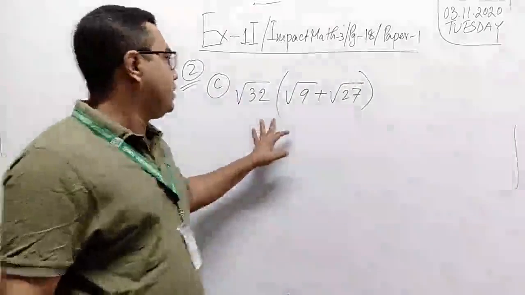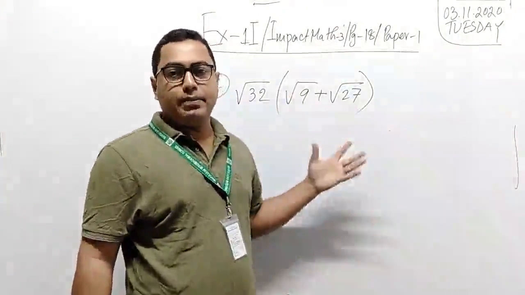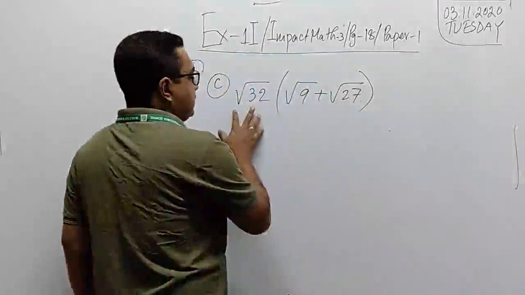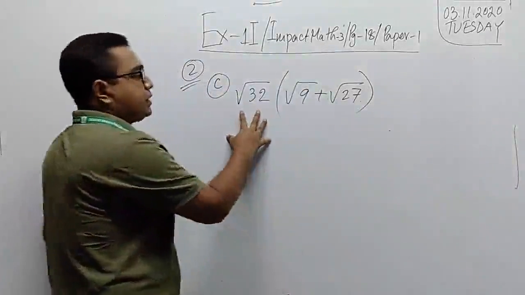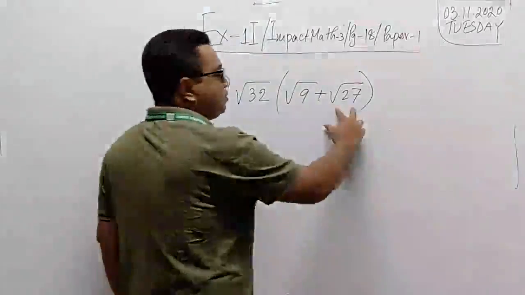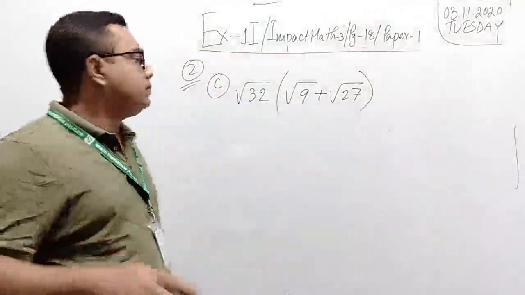Look here. First, multiply the brackets so that we can simplify them. This first bracket means this square root of 32 will be multiplied with these two terms. It is called the distributive law.